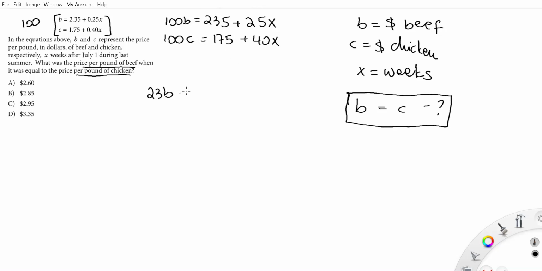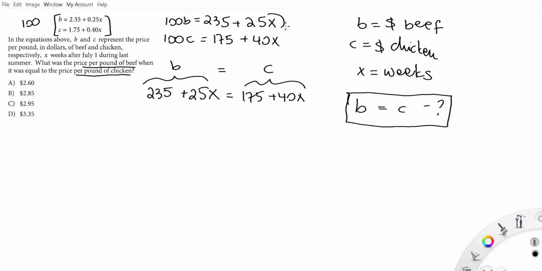Because if B is 235 plus 25x, this is B. I am setting that equal to C. C is 175 plus 40x, right? So now I can just solve for x, plug that x in right here, and I'll have the value of B.